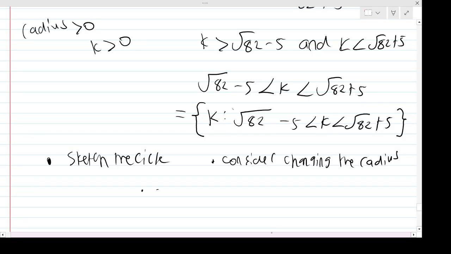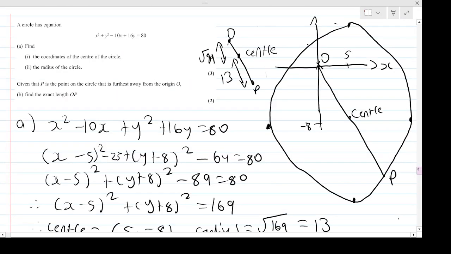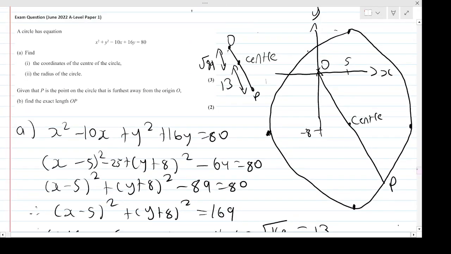And also consider splitting a line into different parts to find a distance. And again, I echo what we did in the previous question. If we needed to find the line from O to P, we couldn't find that directly because we don't know what the point P was. All we know is that it was on the circle.